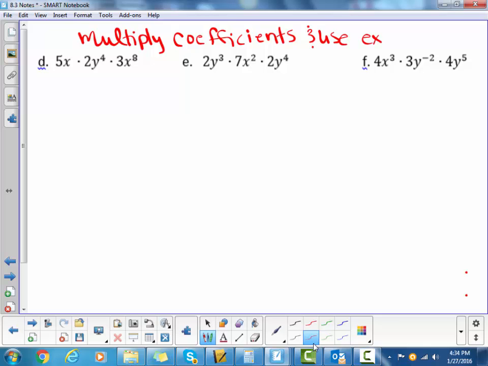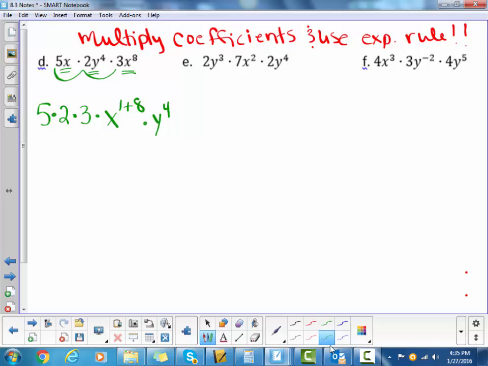I am first going to multiply the coefficients, so I'm going to multiply 5 times 2 times 3. And then I'm going to find the bases that are the same. I see that I have 2 x's, and I'm going to multiply x to the power of 1 plus 8. And then lastly, y to the 4th. So 5 times 2 is 10, multiplied by 3 is 30, x to the 1 plus 8 is x to the 9th, y to the 4th.